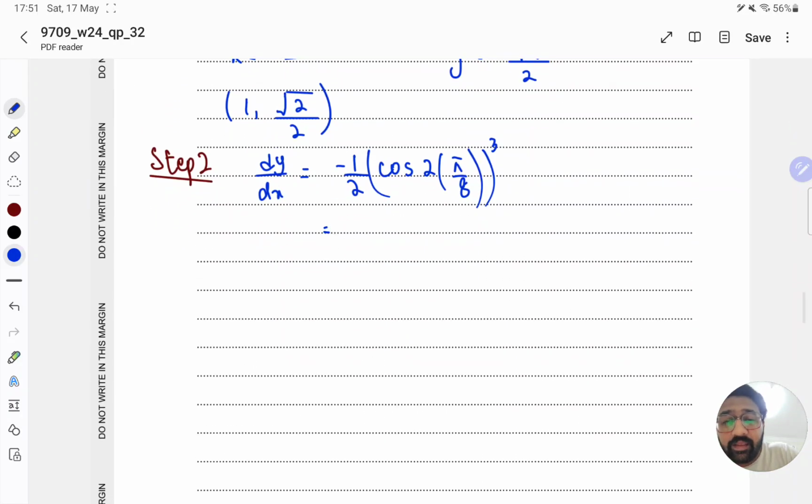Now if I substitute, it's pi by 4. Cos of pi by 4 we already know, and then we need to take the cube.